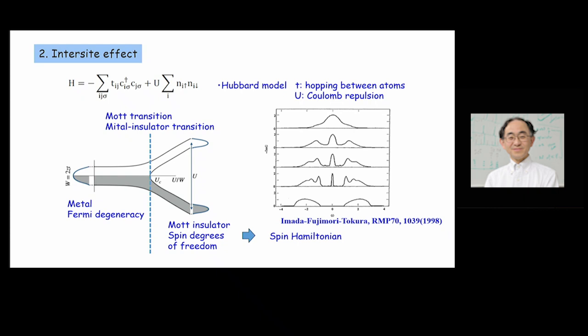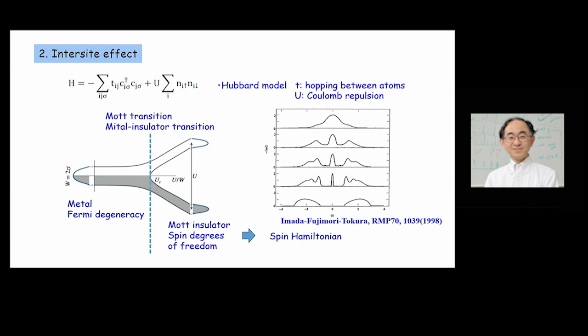If you fix your T, the transfer integral, then increase your U. W is the so-called bandwidth, and z is the number of nearest neighbors. If you increase your U, this shows the density of states for the single particle Green's function.